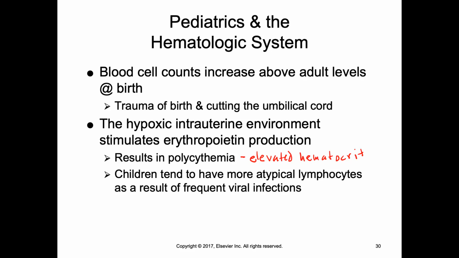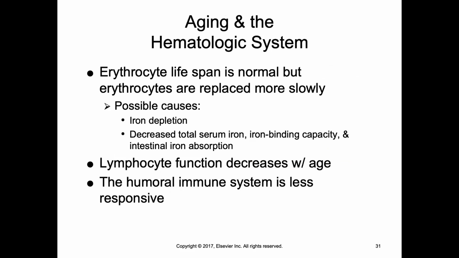What are atypical lymphocytes? Those that are not frequently seen, like basophils, and in some cases, lymphocytes that may have alterations in their structure.